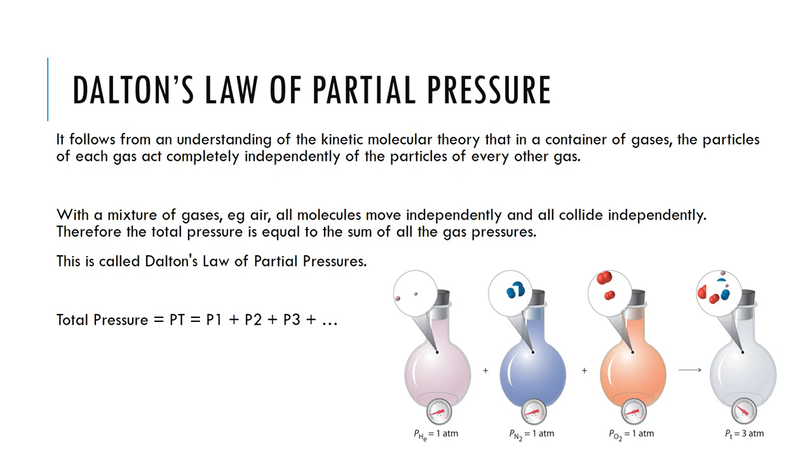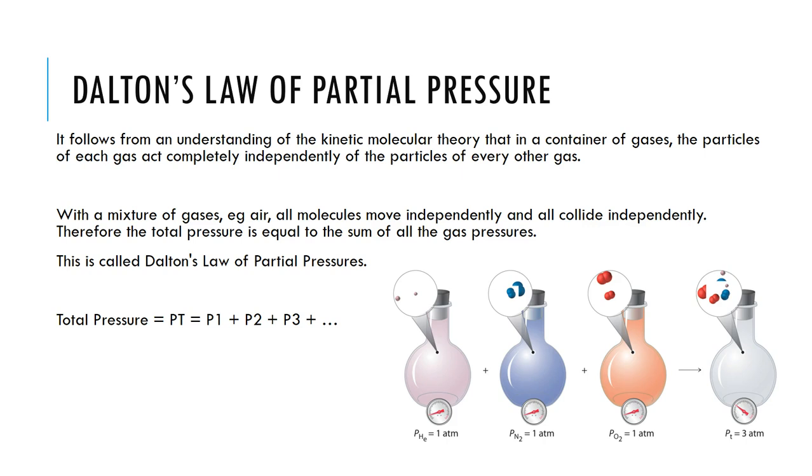So essentially what this means is partial pressure. We are talking about the overall pressure that is made up of the contributing pressures from different things. Each thing will have a partial pressure, and then we talk about the total pressure from all of them.